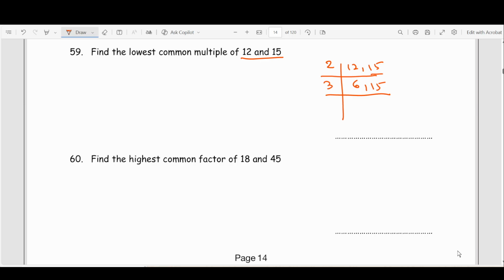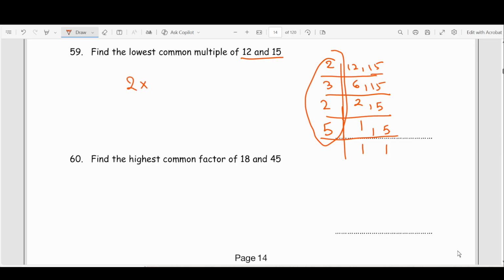They both appear in the 3 times table, so 2 and 5. Then we can do again by 2, we get 1 here, and then we can divide it by 5 to get 1 here, right? 5 divided by 5 is 1, and this is already 1. If I multiply all these numbers, I will get the LCM.